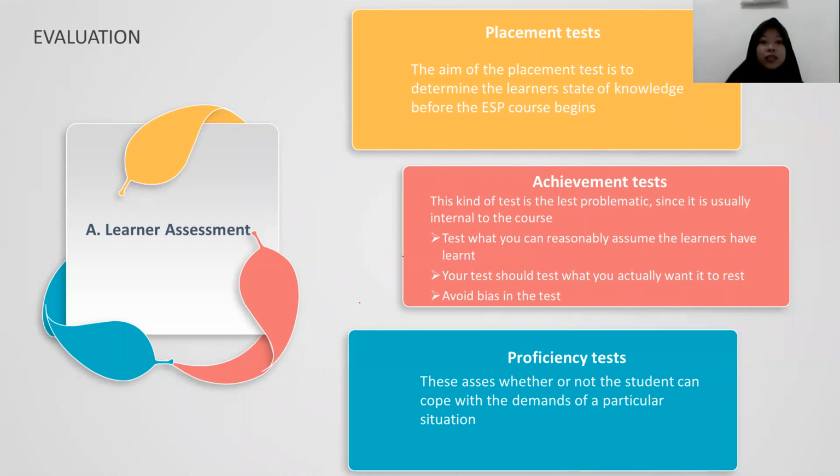In so doing, it should indicate firstly whether the learner needs the course at all, and secondly, should a need be indicated, what from the course should be taken. The placement test is, therefore, in the first instance, a proficiency test. If a learner is already proficient in the skill required, no further tuition is required.